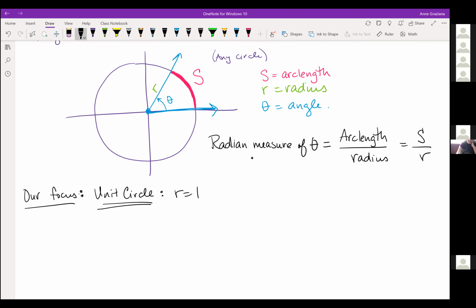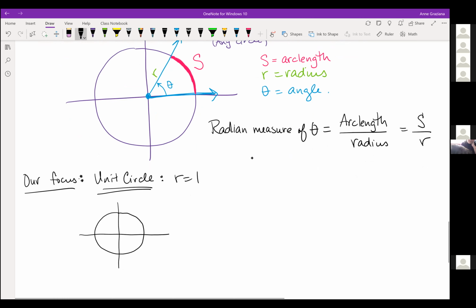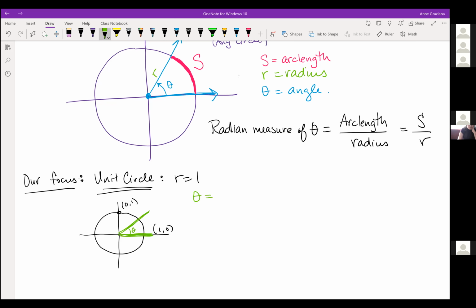All right, so this is a unit circle, radius 1. So look what happens when I put my angle on. I'm just going to label these 2 points because that means it's clearly at 1. Now, if I look at my angle here, here's theta. So theta is my arc length, which I don't know what this is.